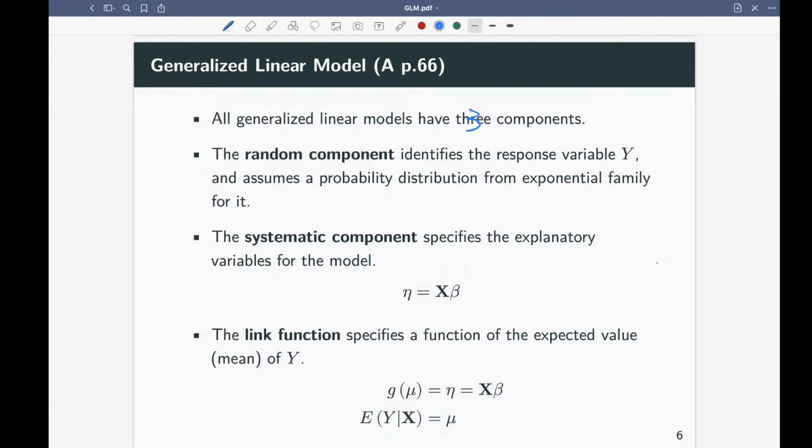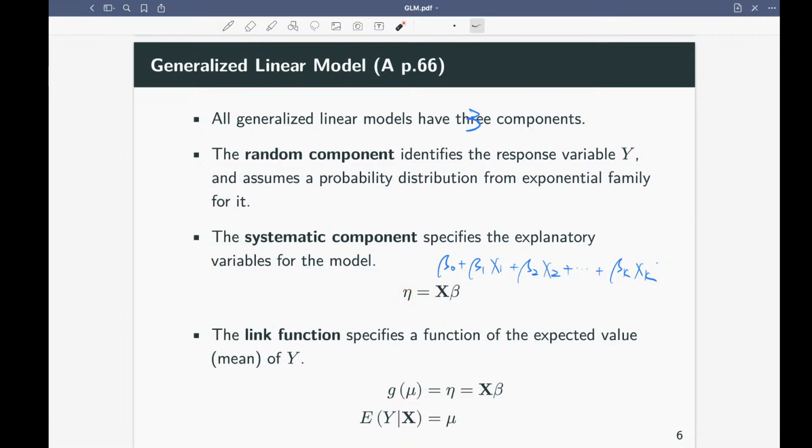Here is the matrix form. In scalar form, you can write beta 0 plus beta 1 times x1 plus beta 2 times x2, and so on. If you use k regressors, we add beta k times xk. We define x beta equal to eta.